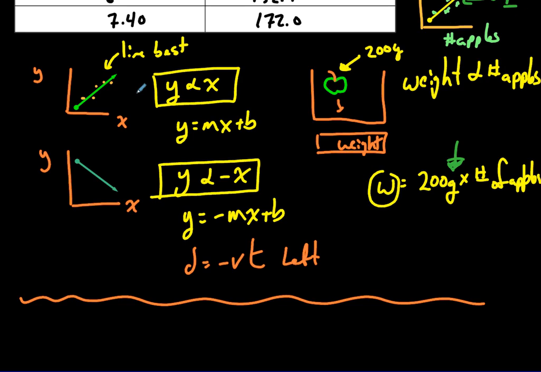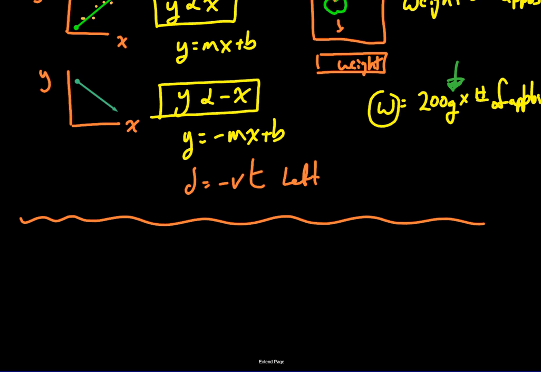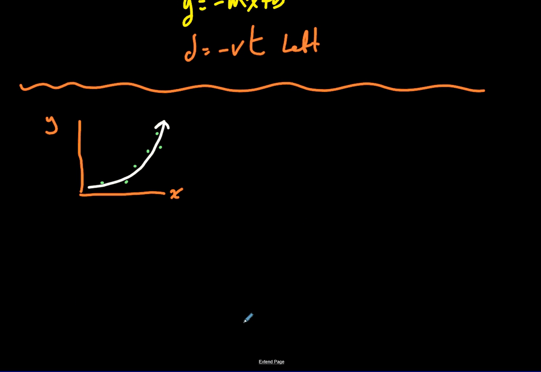Okay, so moving on. You might also encounter graphs that look like this, or data that works out to follow this type of path. Remember, you're going to graph your data points, and you're going to do a line of best fit. So this is an exponential relationship of some sort, where y is proportional to x raised to some power.